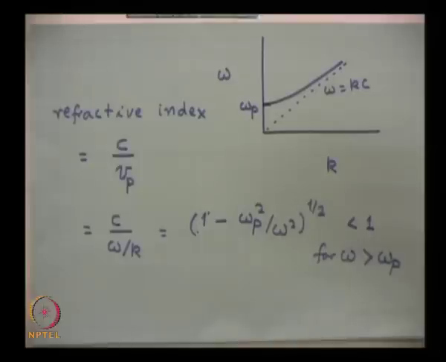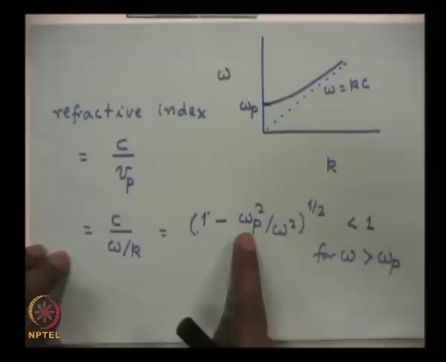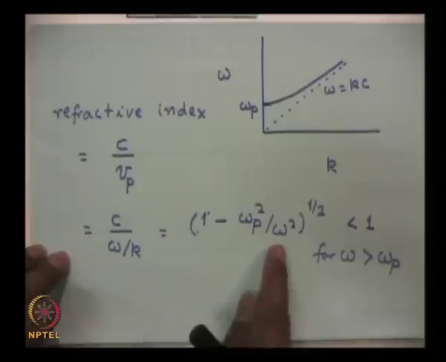So, let me introduce a term called skin depth to characterize the penetration of fields in an overdense plasma. A plasma where omega p is bigger than omega is called overdense plasma, and a plasma where omega p is less than omega is called underdense plasma.